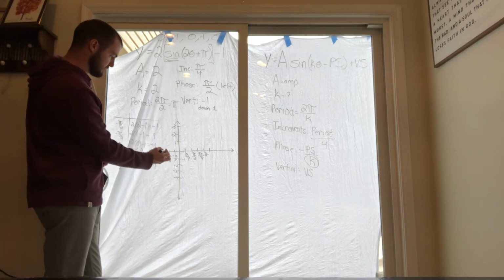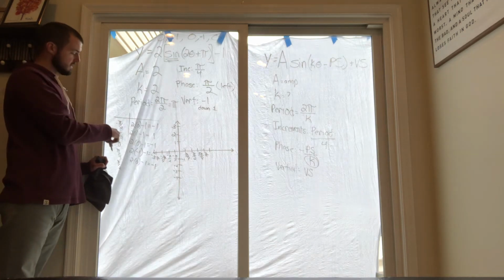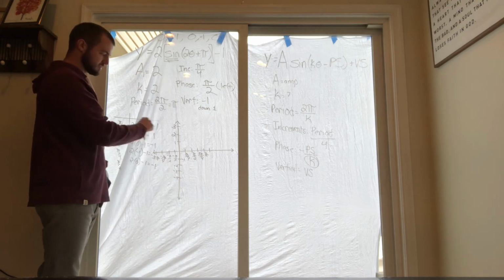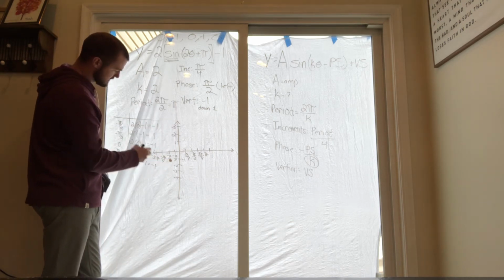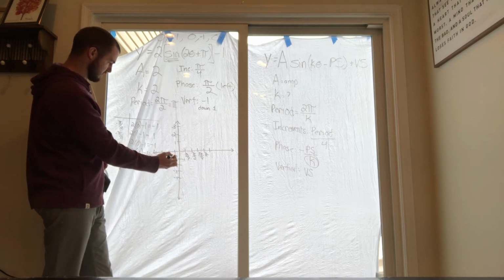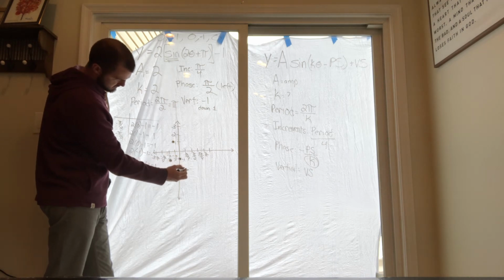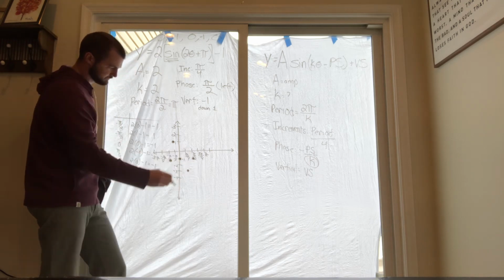So if you're doing this, that makes the graphing easier because now all you have to do is plot your points. At negative pi over 2, negative 1. Negative pi over 4 is at positive 1. 0 is at negative 1. Pi over 4 is at negative 3. And pi over 2 is at negative 1.